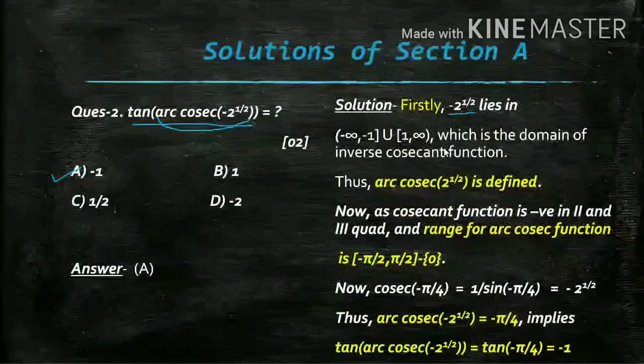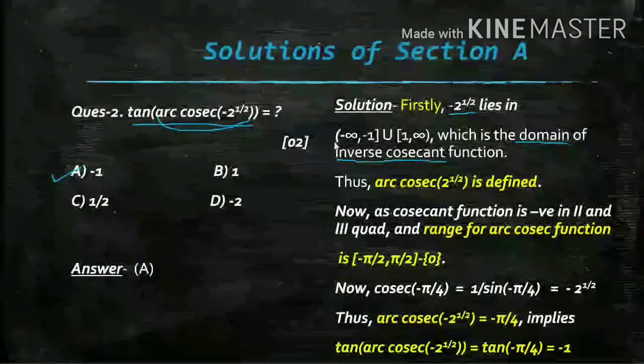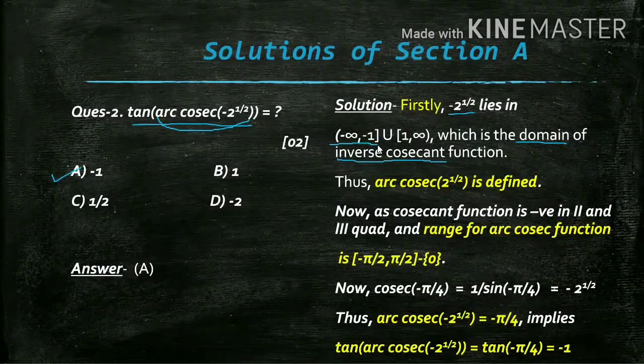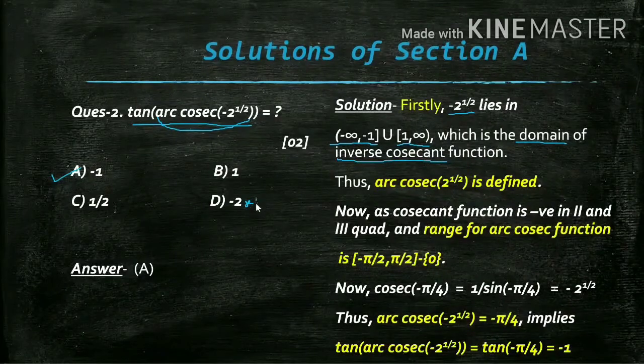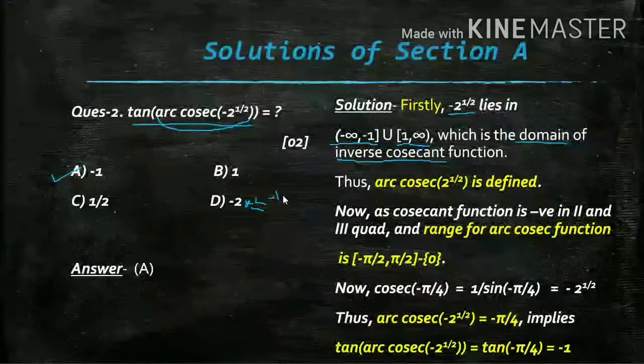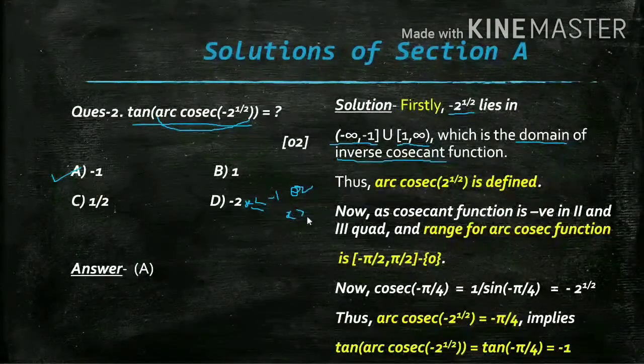Now for the inverse cosecant function, its domain is this: minus infinity closed minus 1 union 1 closed 1 open infinity. You remember that you need to write like this, that x is less than or equal to minus 1 or x is greater than or equal to 1.